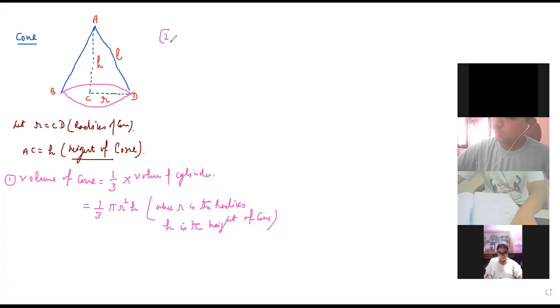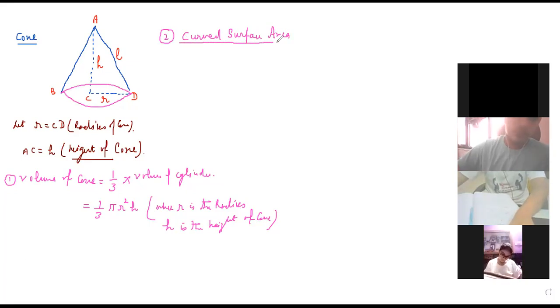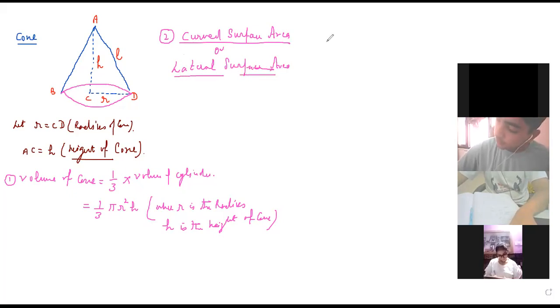The second is curved surface area, or you can say lateral surface area, or curved surface area.